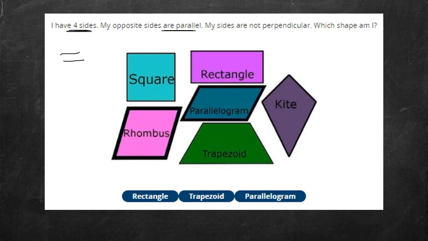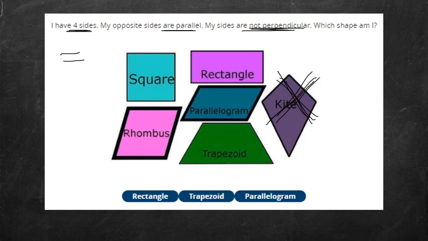So let's see how many shapes don't apply already. We can't have a kite because the kite's sides are perpendicular. They cross. We can't have a trapezoid because it says that the sides are not perpendicular.